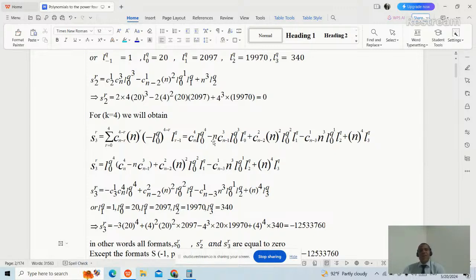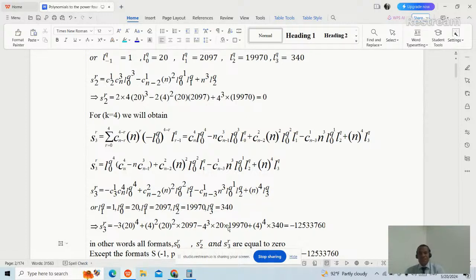The combination n choose 4 minus n minus 1 choose 3, which is in fact a negative number. So it will be minus 3 choose 1 times the combination n choose 4, L0 to the 4, plus the combination n minus 2 choose 2 times n squared, L0 over q squared, times L1 of q, minus what, learners? 1 and minus 3, it's written here, times n cubed, L0 of q, L2 of q, plus n raised to the power 4, L3 of q.